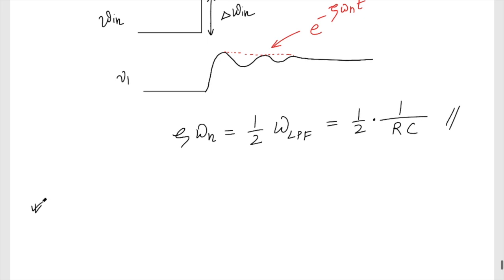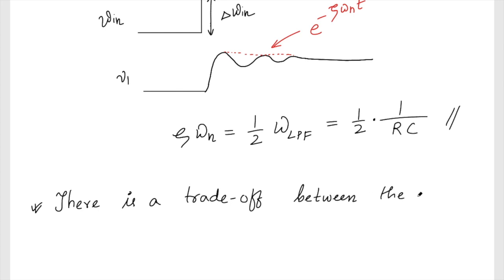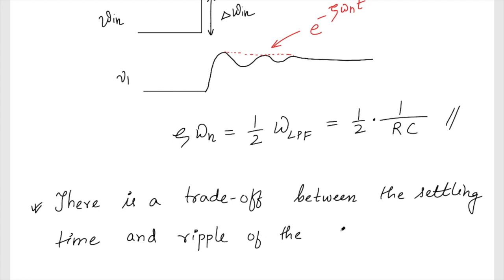Hence we can say that there is a trade-off between the settling time and ripple of the control voltage.